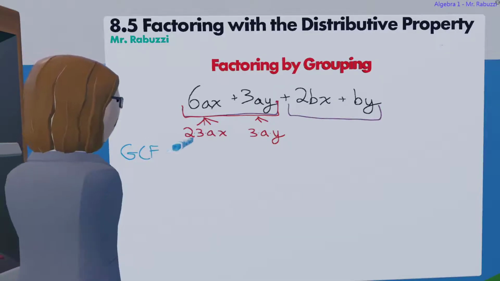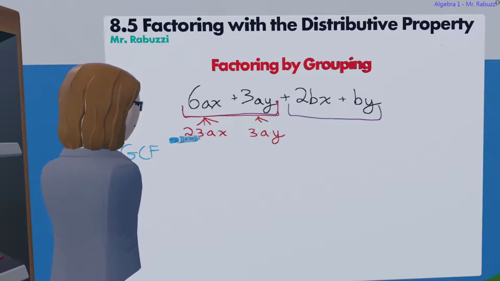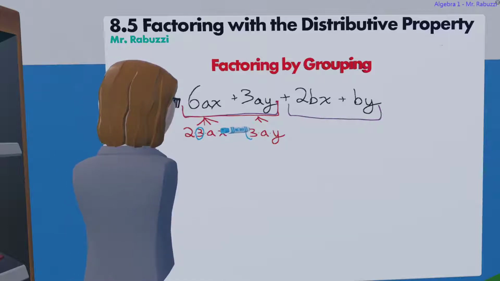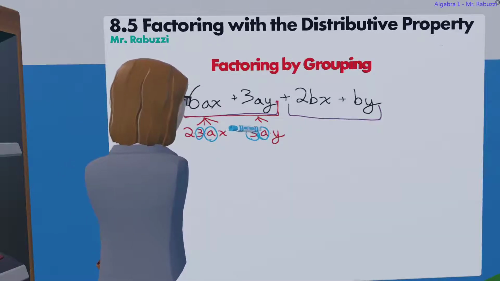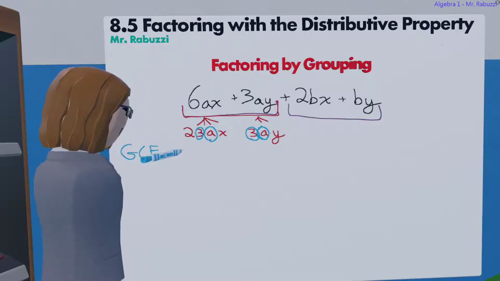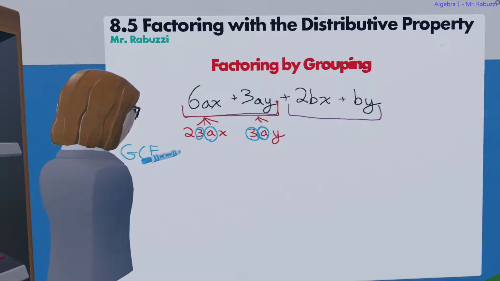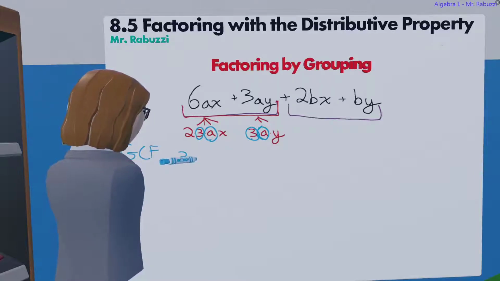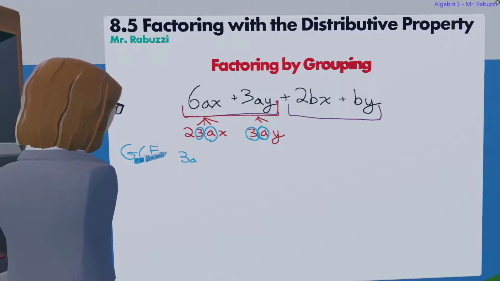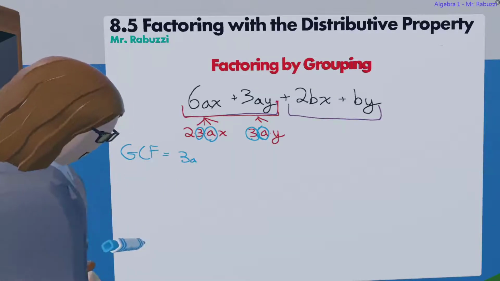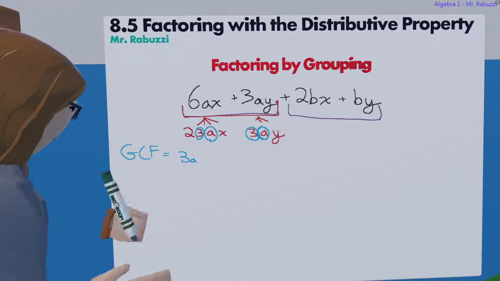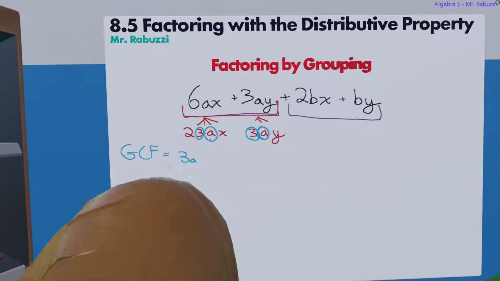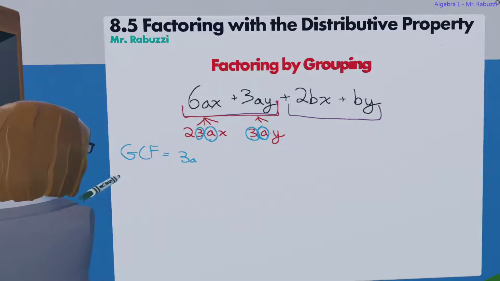Well, what do they share? They share a 3, and they share an a. So my GCF will be 3a. Well, what step came after GCF, if you remember the other board? The next step is, what's the remainder?